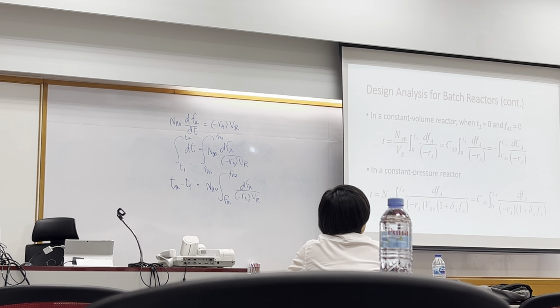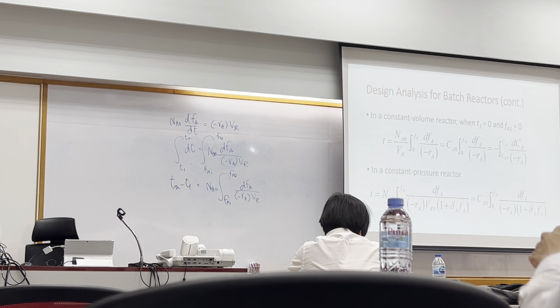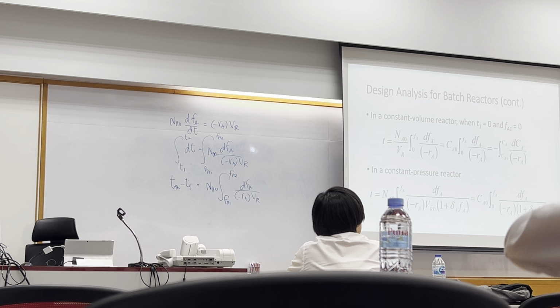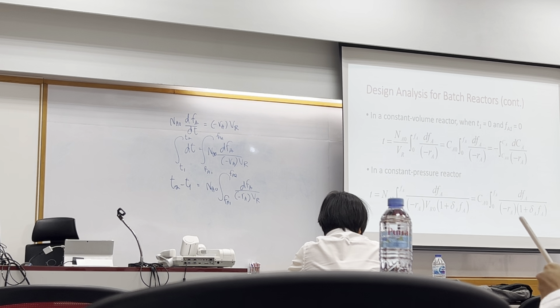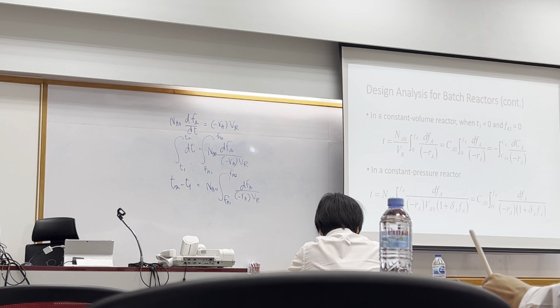So V is equal to V0 times 1 plus delta A Fa. Remember this? If you don't remember, go back to your lecture. It's from chapter 3, when we deal with this.